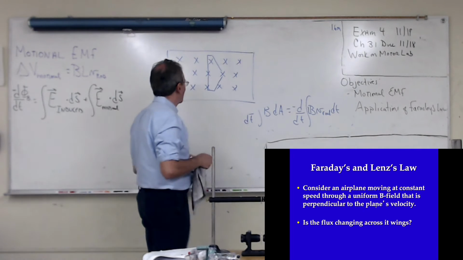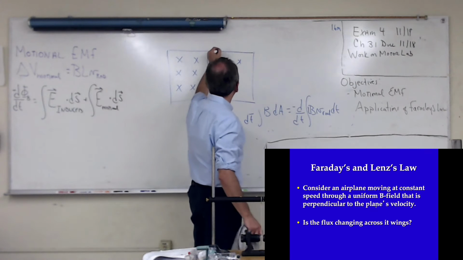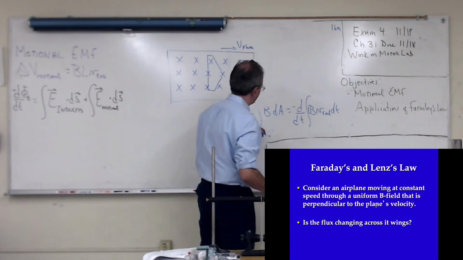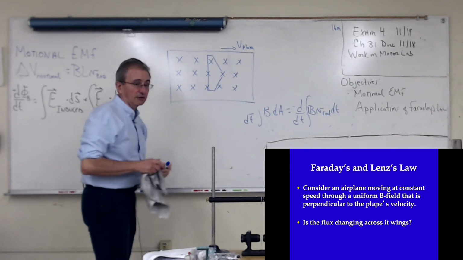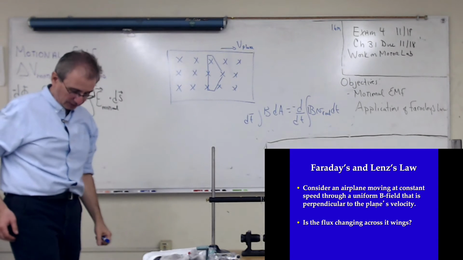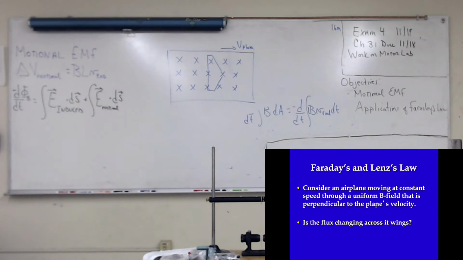Those are the wings of the airplane, going, let's say, that way. There is no change in flux. And as a result, there is no current induced on the surface of the plane.